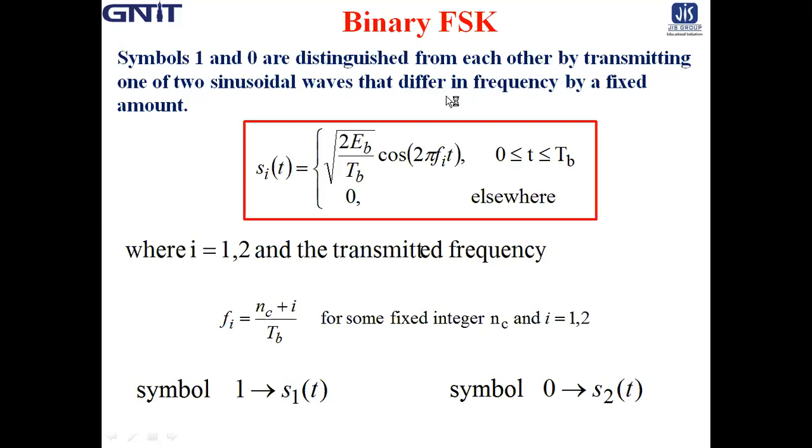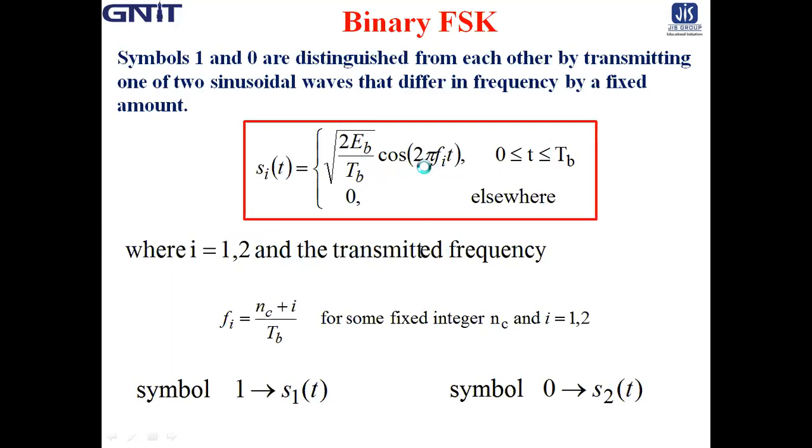A typical pair of sinusoidal waves is described by si(t) equal to square root of 2Eb by Tb cos 2 pi fi t, where t belongs to 0 to Tb, otherwise it is 0. Where i is basically 1 and 2, which is the transmitted frequency.